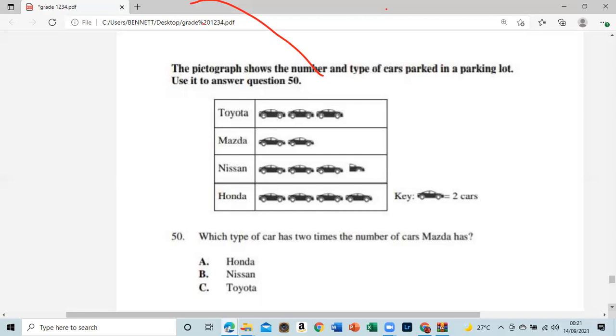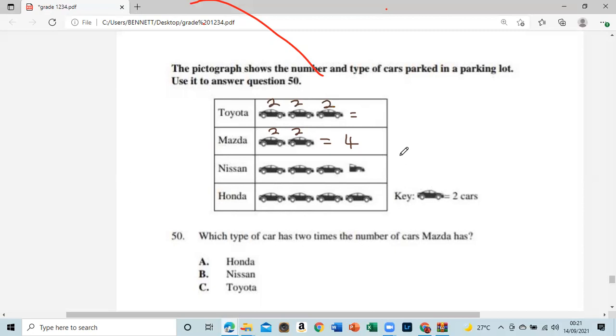Alright, which type of car has 2 times the number of cars as Mazda? Mazda has 2 and 2, right? One car represents 2. So 2 and 2 is a total of 4 cars. See the key there?